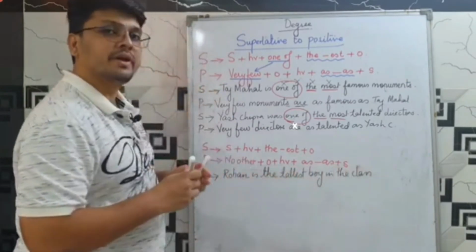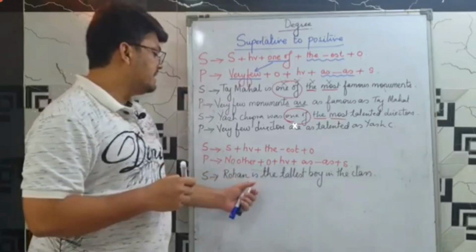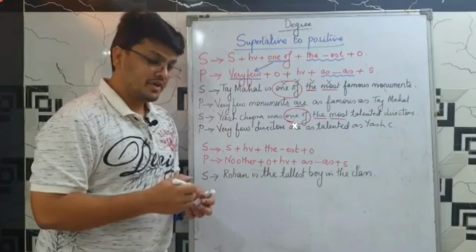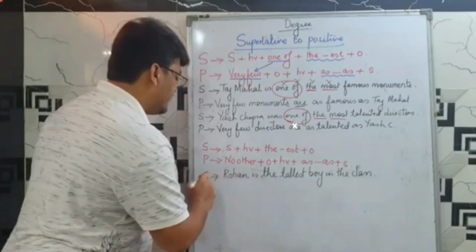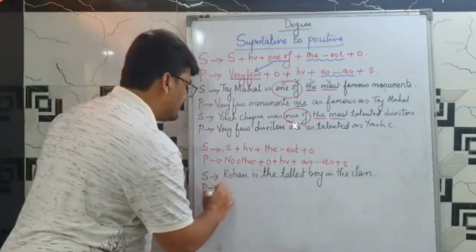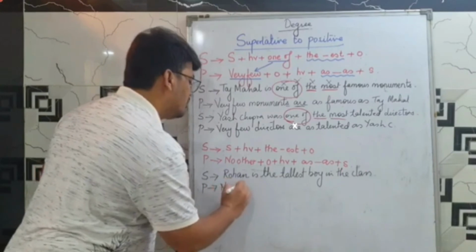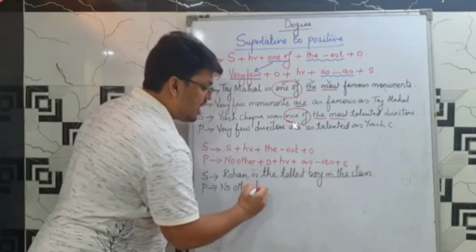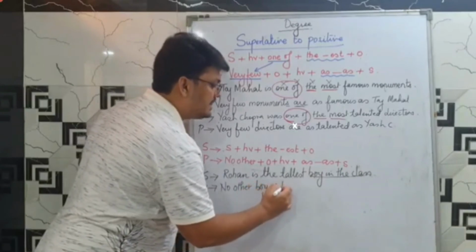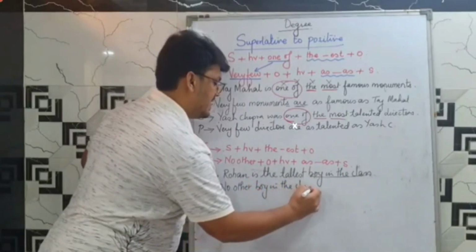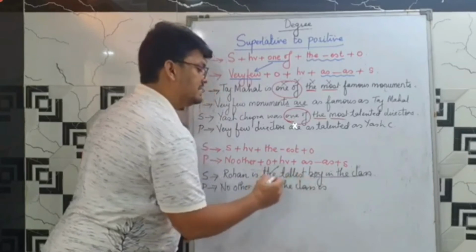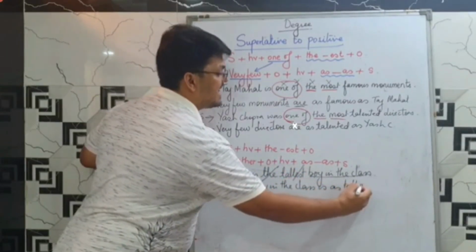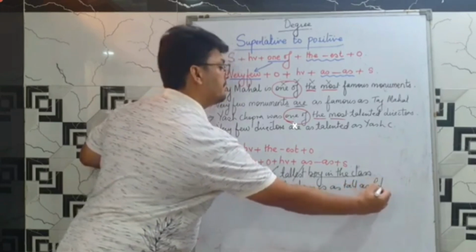So you can see, students, that in this type of superlative degree, there is no one of. So in this type of superlative degree, the positive degree will start with no other. So no other, what? This part will come. No other boy in the class is, cancel this, cancel est, is as tall as Rohan.